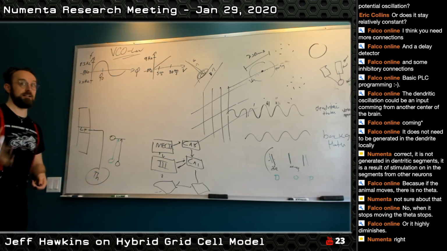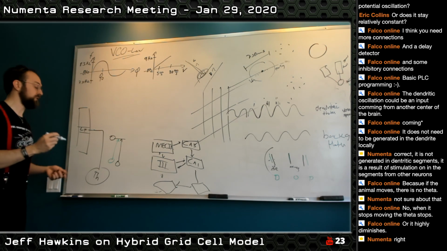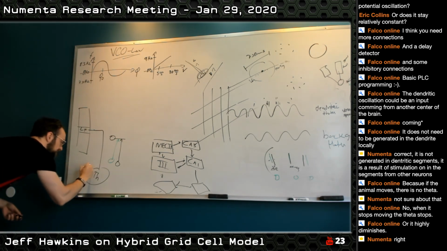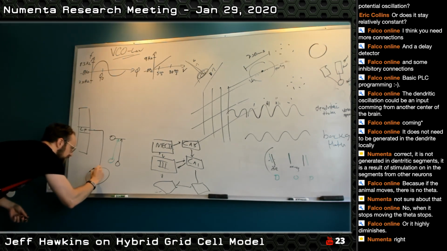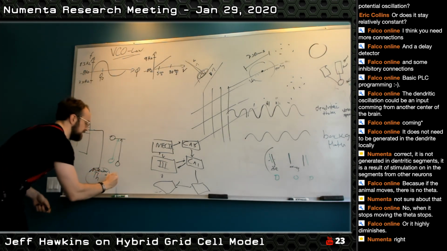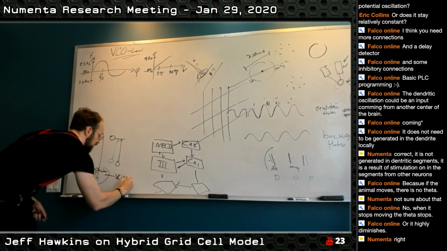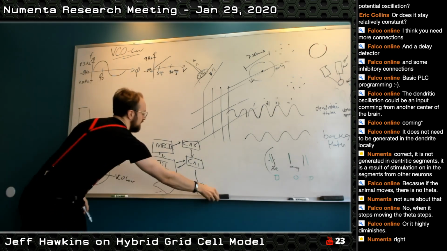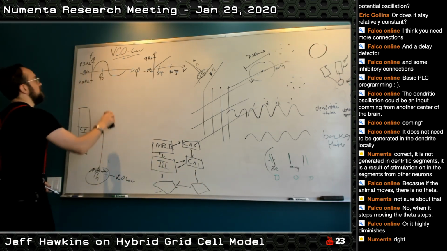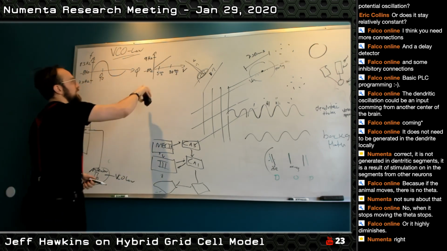What Bellanger et al. did, amongst other things, was record cells from anterior thalamus, and it turns out there are cells here that obey the VCO law. So they have exactly this kind of cosine tuning and linear relationship.